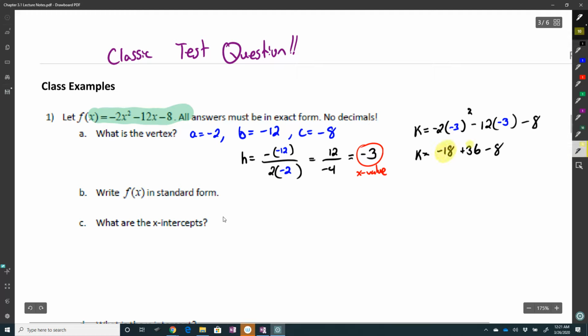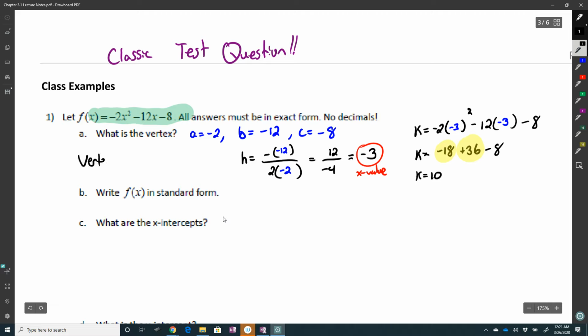If we look at these two numbers, this is double with opposite sign. So that means that we're on the right track. This is going to be right. So that ends up becoming 18 minus 8, and 18 minus 8 is 10. So here my vertex is negative 3, 10.